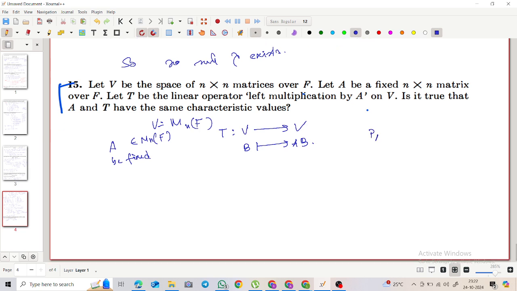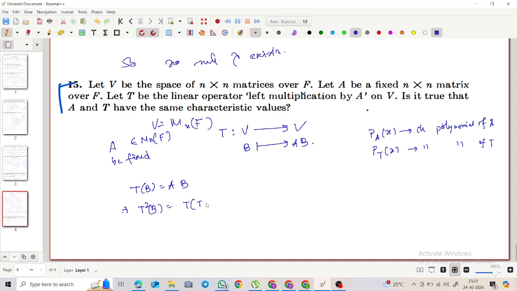So let's write P_A(x), the characteristic polynomial of A, and P_T(x), the characteristic polynomial of T. One thing we should notice: if T(B) is AB, then what is T squared of B?